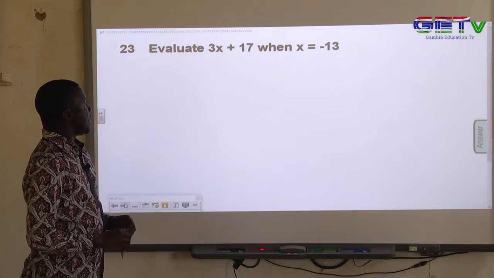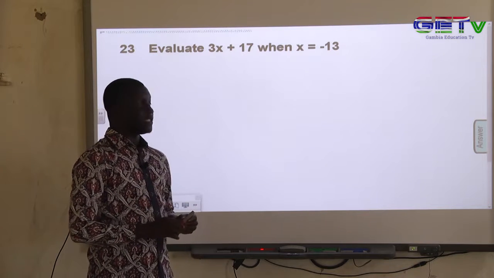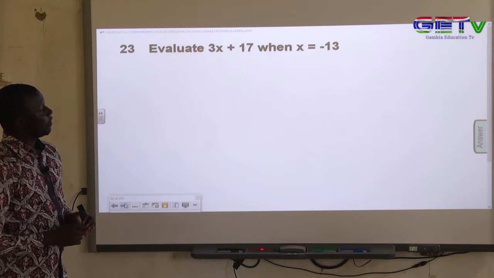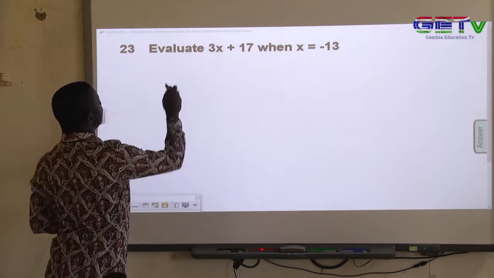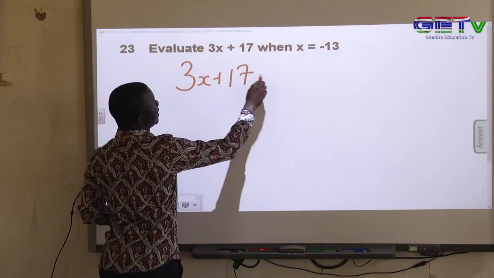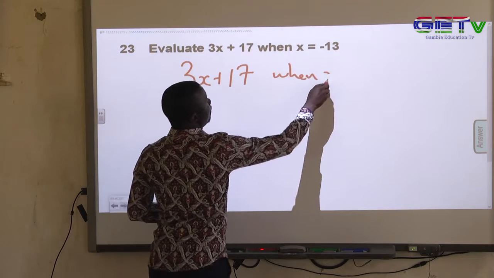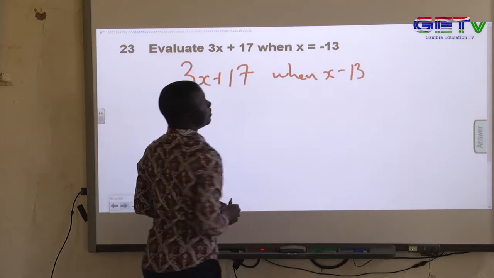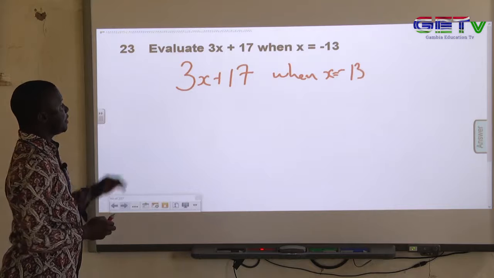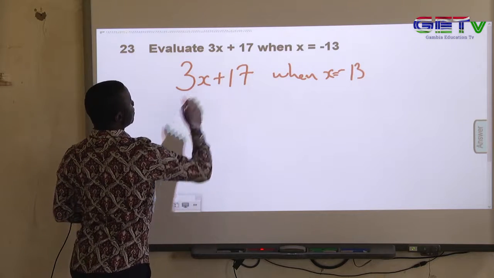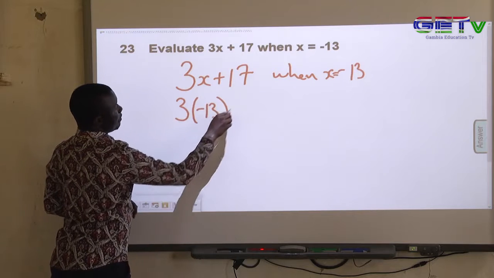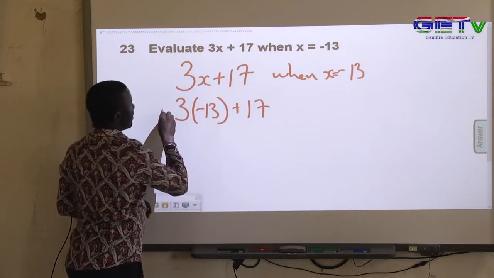The question here is evaluate 3x plus 17 when x equals negative 13. We rewrite the question as 3x plus 17 when x equals negative 13. Then we substitute: 3 into negative 13 plus 17.